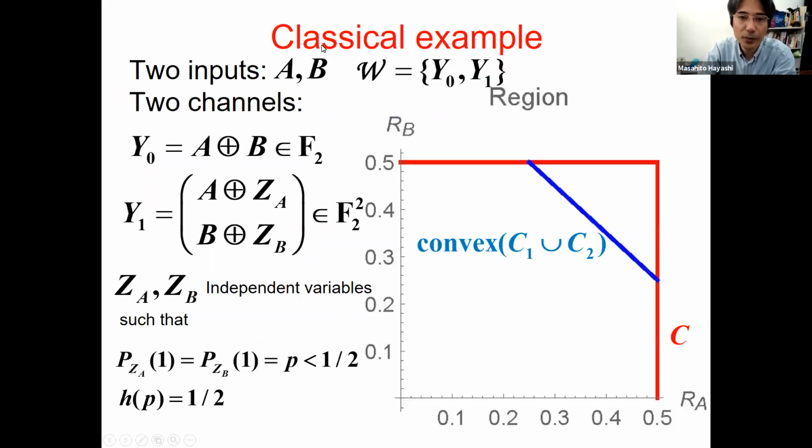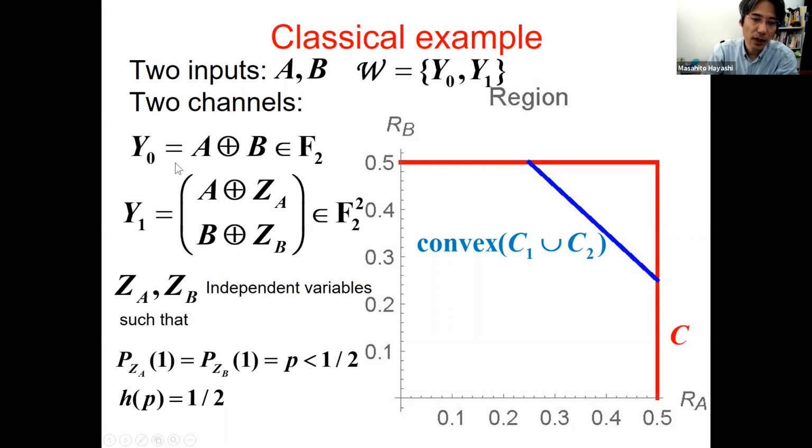Finally, I want to explain our example. This is a classical example, but we can consider a similar example even in the quantum setting. In this example, we have a two-input case, A and B. Both inputs are binary, and we have two channels. So we have W composed of two outputs, Y0 and Y1.